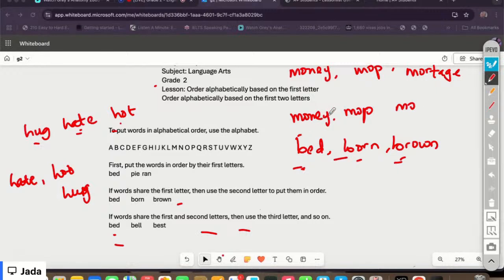Looking at the first two letters, it's all MO, but for the third one, N comes before P and before R, which is mortgage. Okay, so you see that this is the right order.